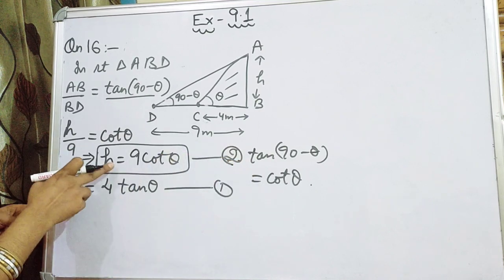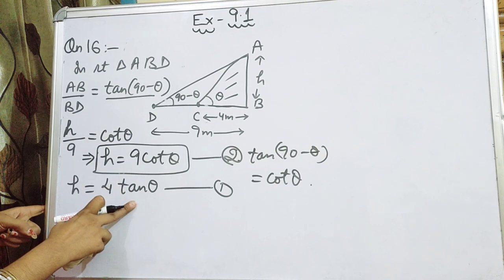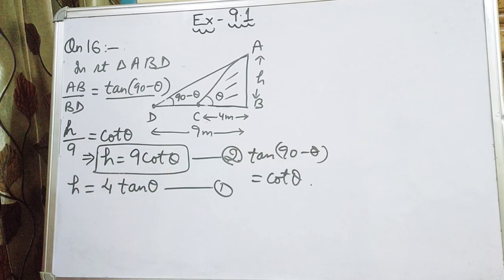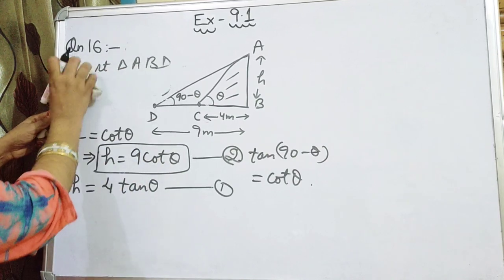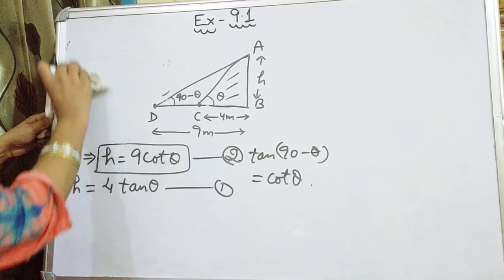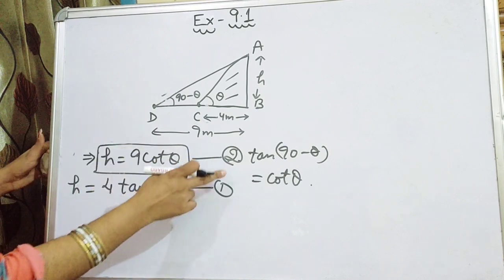So from equation 1 and equation 2, h is 4 tan theta and h is 9 cot theta. Because we have to find the value of h, we cannot eliminate h from these 2 equations, otherwise we cannot get h. So what I am doing here is multiplying equation 1 and 2.